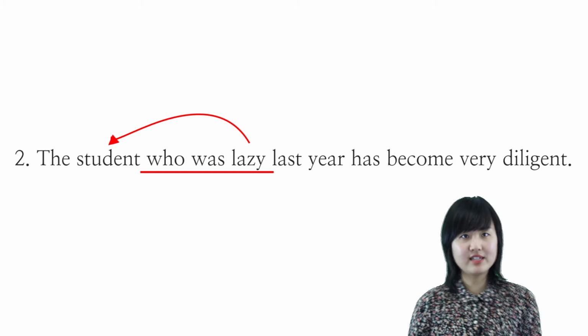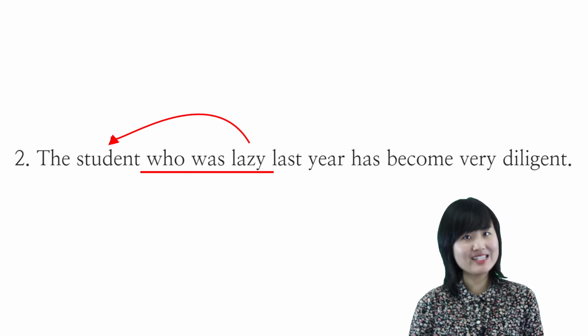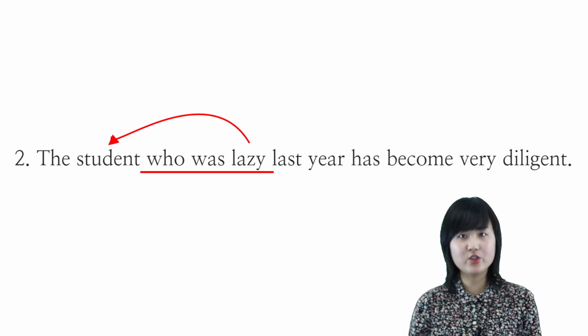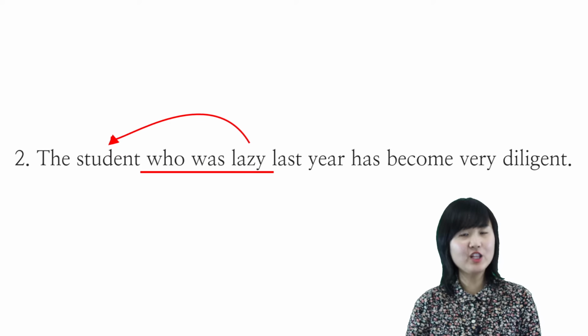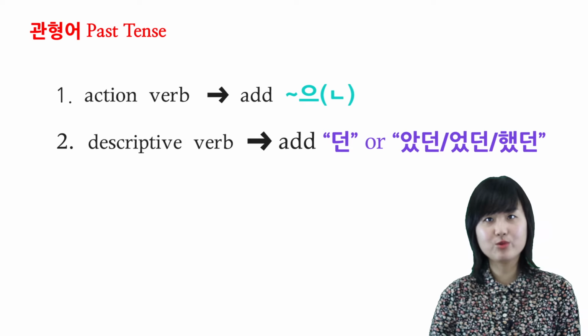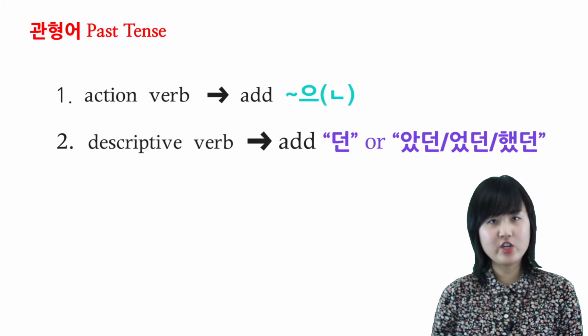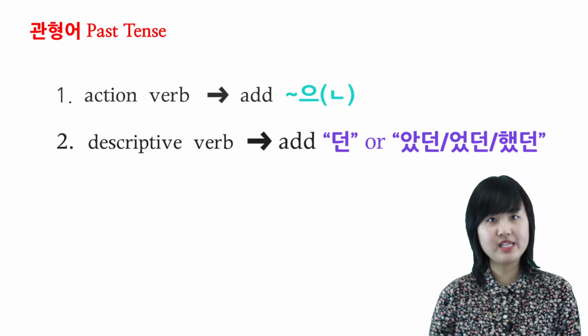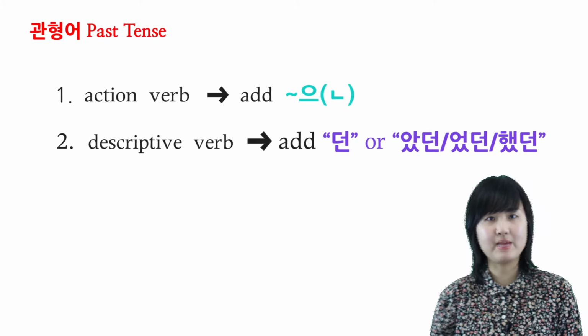Just like the present tense 관형어, the past tense 관형어 depends on the nature of the verb, action verb and descriptive verb. Let's take a look at the rules first. As you see in the rules, if the verb that should be changed to modify a noun is an action verb, we have to see if there is a final consonant in the last letter of the verb stem.